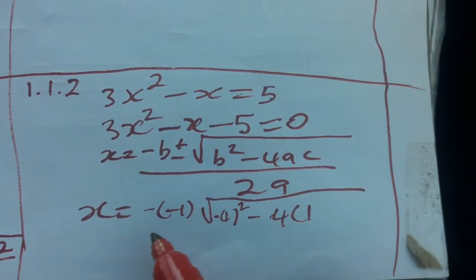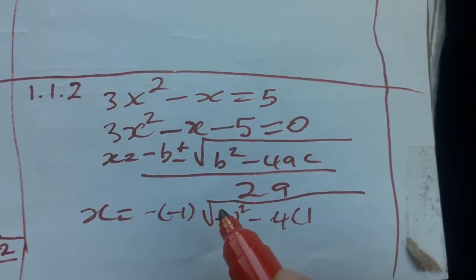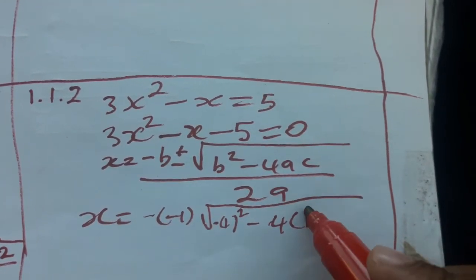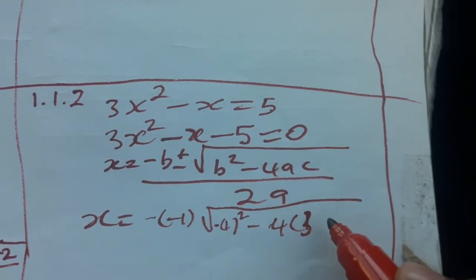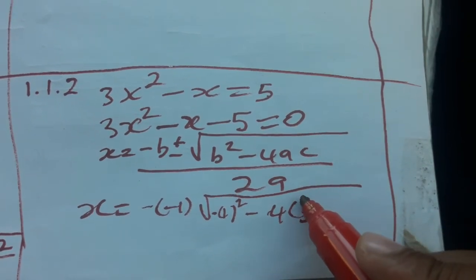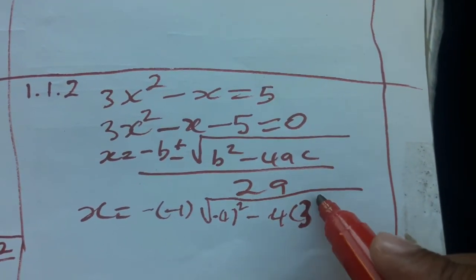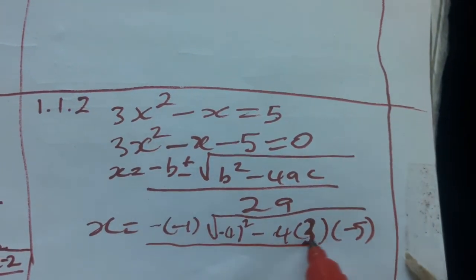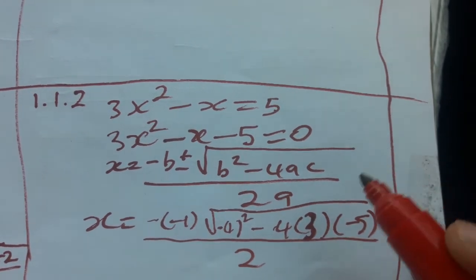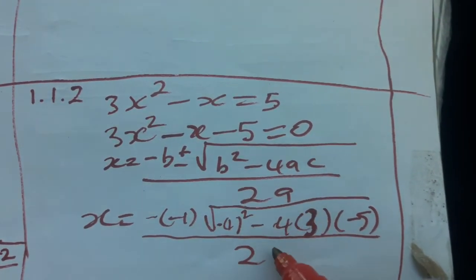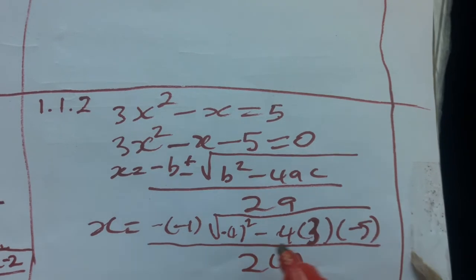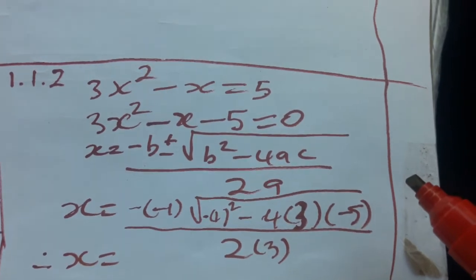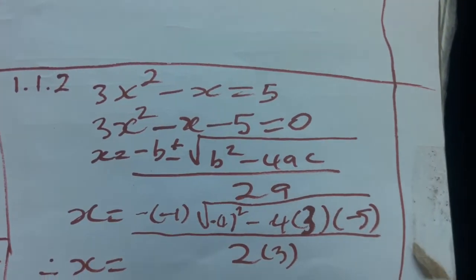No. Oh yeah, a is 3, sorry. A is 3, yeah. Then 3 times -5. All that divided into a, which is 3. So therefore x should be, type that into your calculator as is.